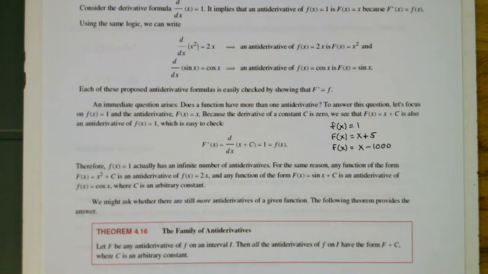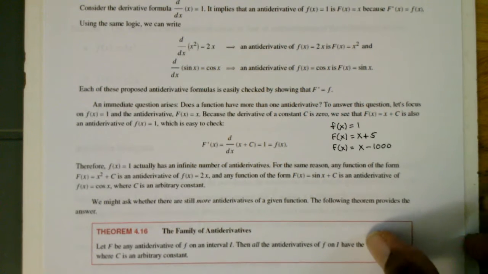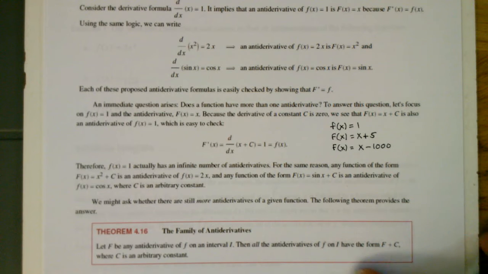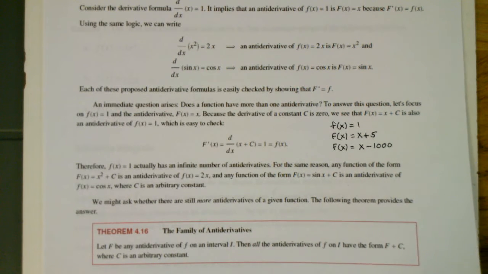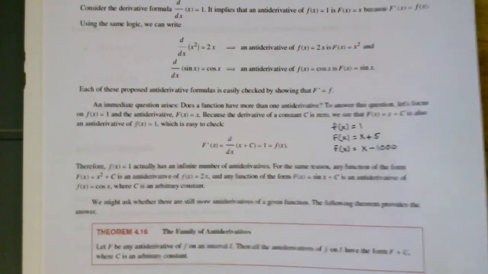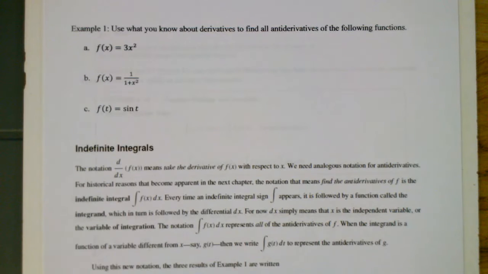So when we deal with antiderivatives here, we're going to include plus c, because they will have the form capital F and then plus some constant. We don't know what that constant is, but it can be any real number, any arbitrary constant. Take a look at example 1 on the next page.